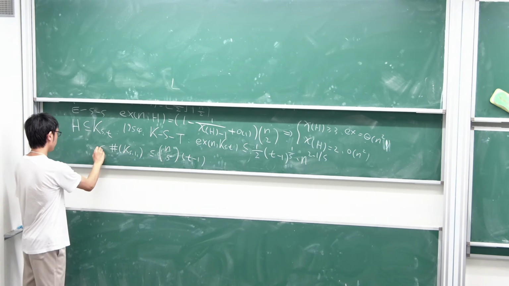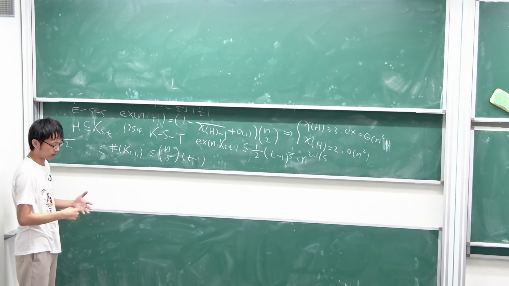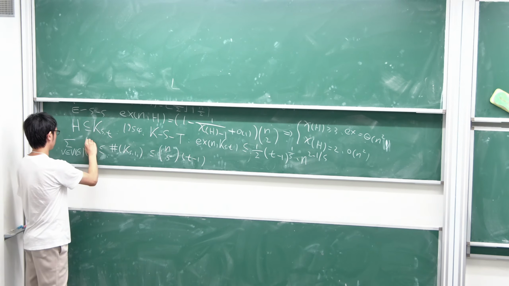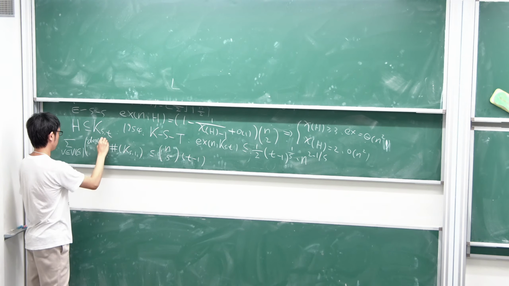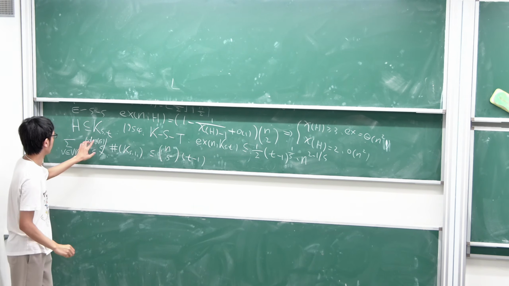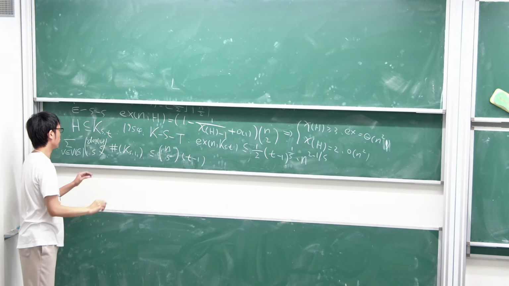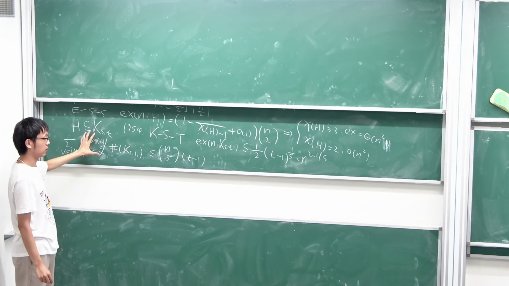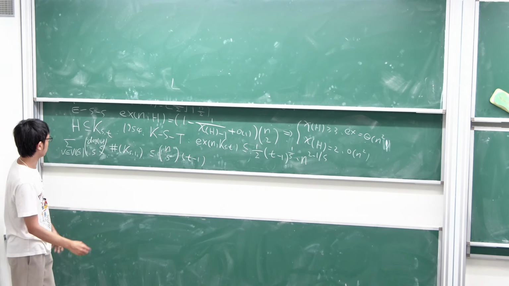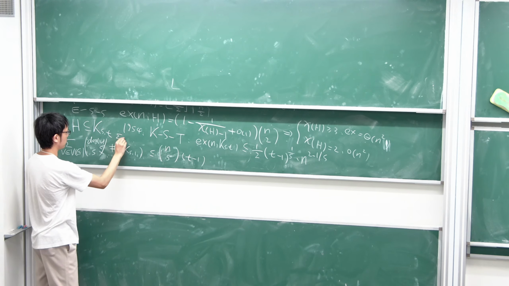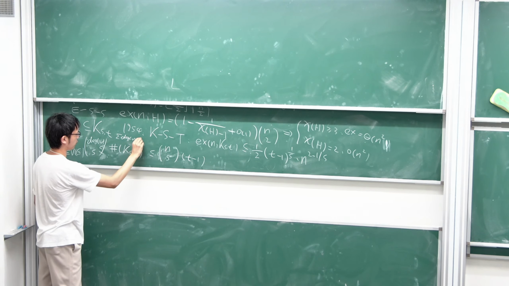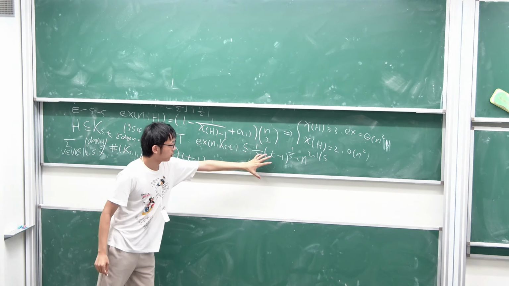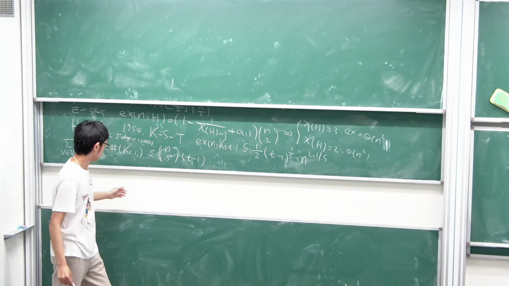You can also count in another way, that is, run over all of the vertices and count degree of v choose s. In this part, you can use the convexity of this function, and the sum of the degrees is roughly 2 times the number of edges. Then you can obtain the upper bound of this form.